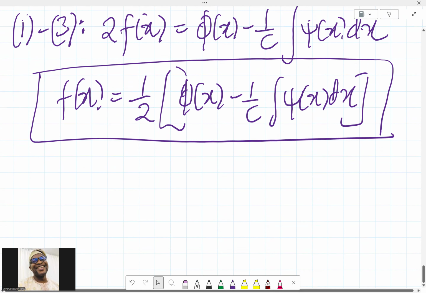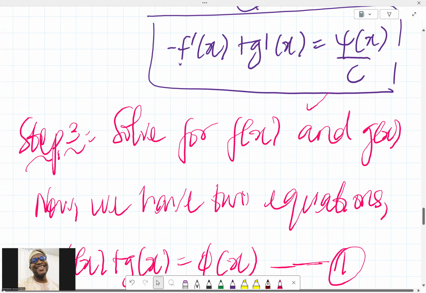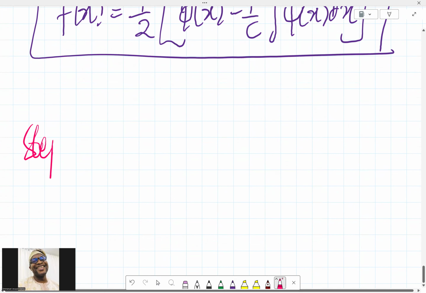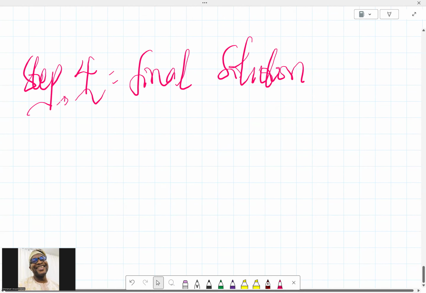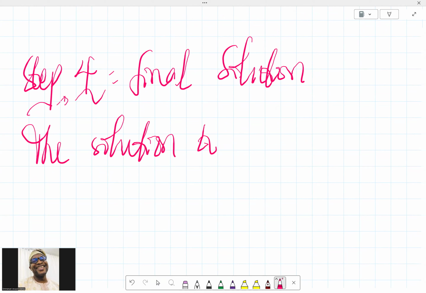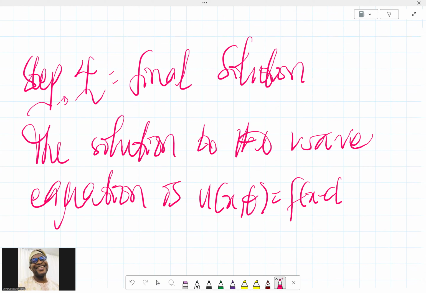So we can then talk about the final solution. That's step 3, right? Step 4 now, final solution. For the final solution, we are saying that the solution to the wave equation is u of x comma t equals f of x minus ct plus g of x plus ct, right?